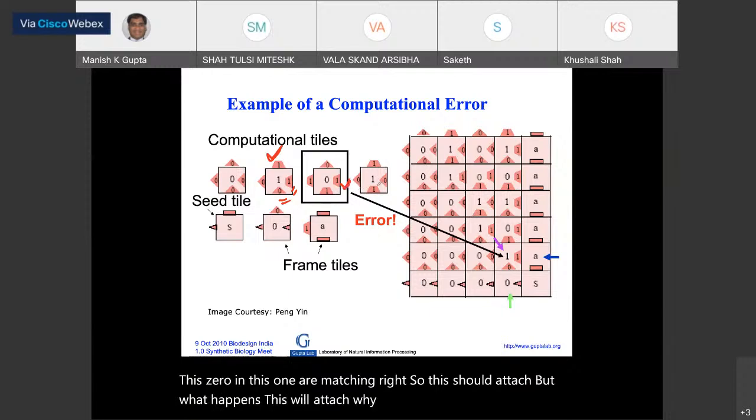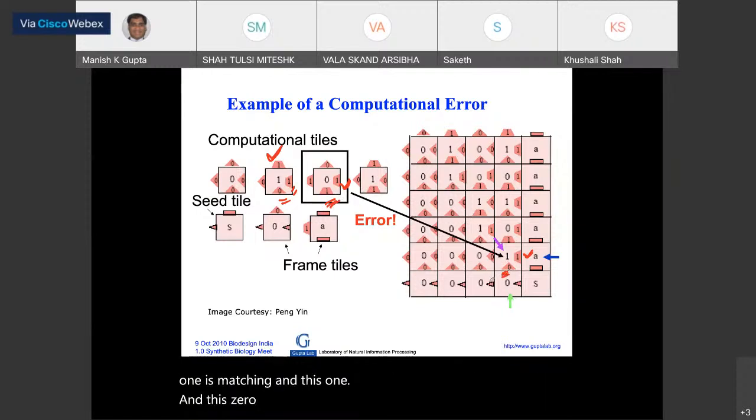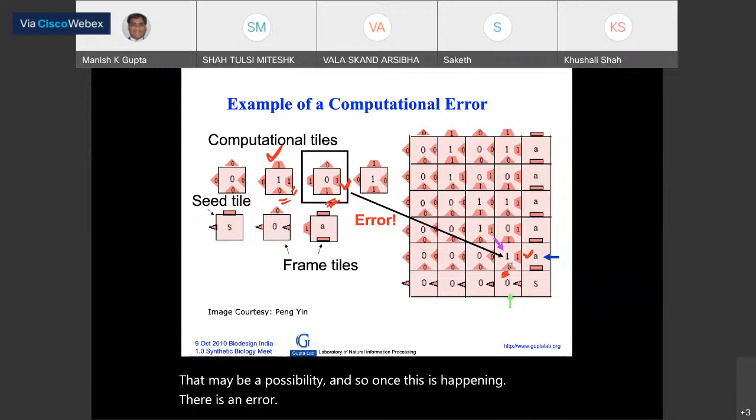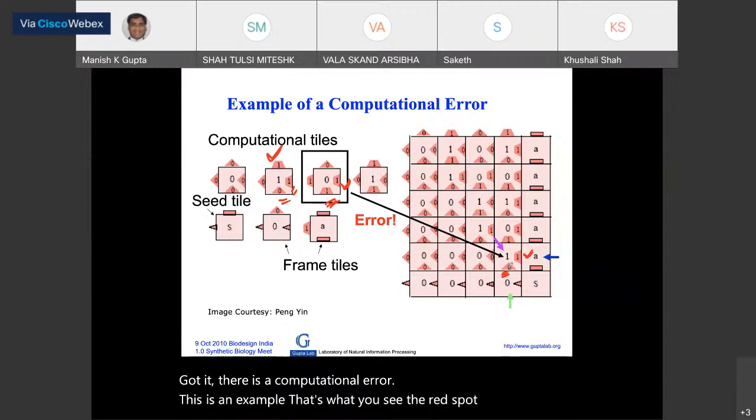Because this one and this one is matching, and this one and this 0 is partially mismatched. They may partially mismatch. That may be a possibility. And once this is happening, there is an error. Got it? There is a computational error, a mismatch error. This is an example. So that's what you see, the red spot, when there is an error.